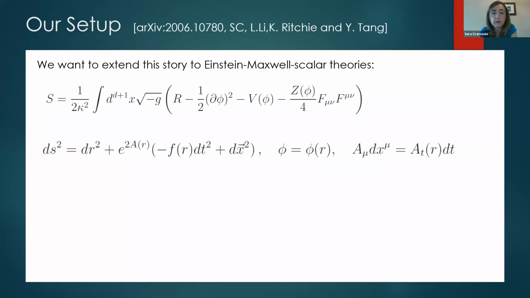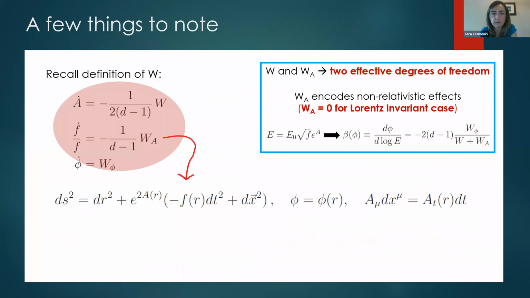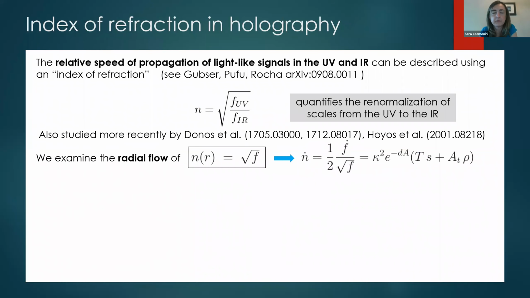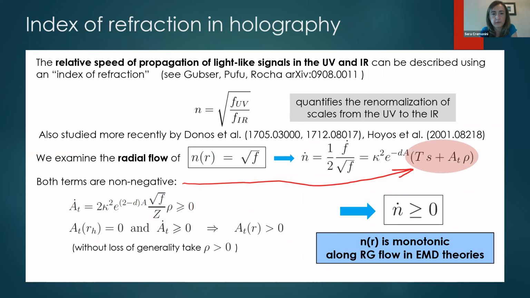In general, it's difficult to find quantities that are generically monotonic. One thing that we found is this effective speed of light, the so-called index of refraction. In this theory, this is monotonic. But for the other things, it's easy to see that there are deviations from monotonicity that come from the breaking of Lorentz invariance.